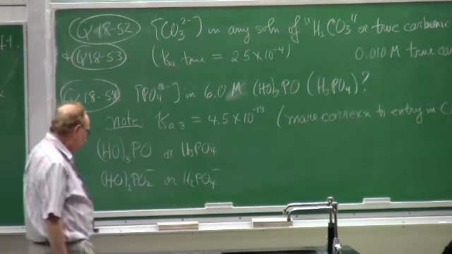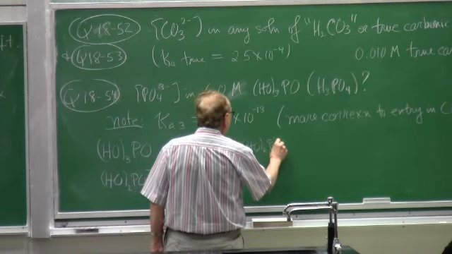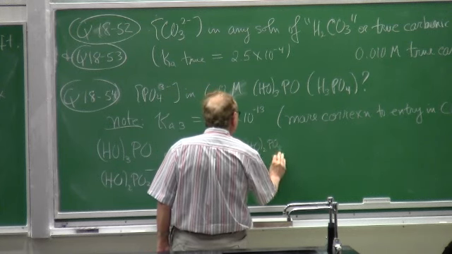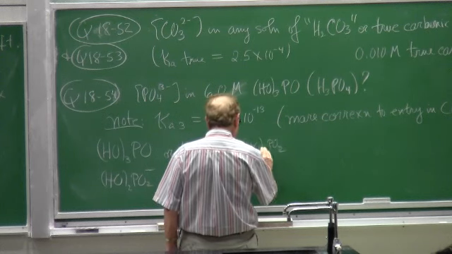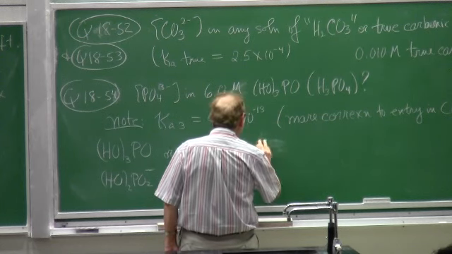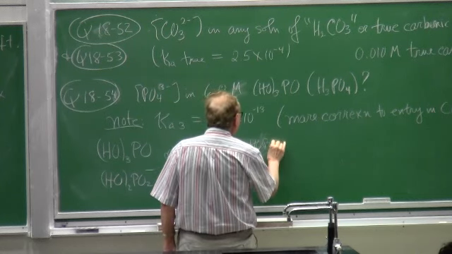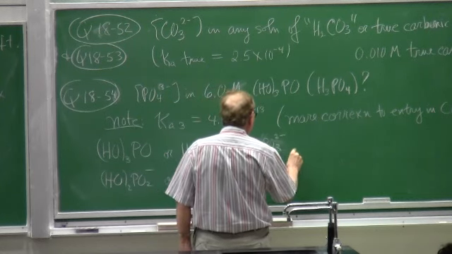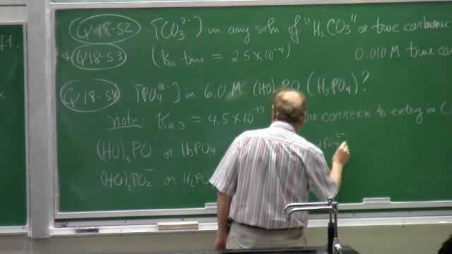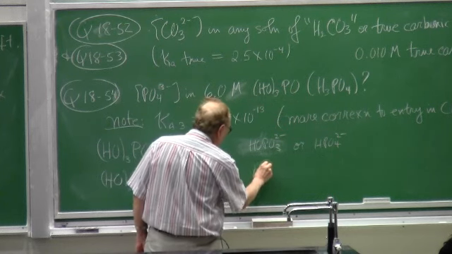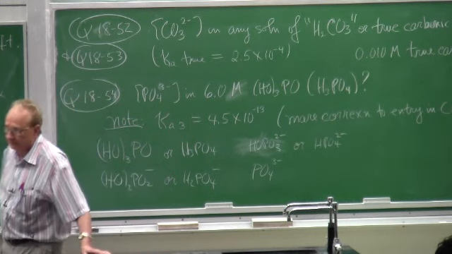After 2 H plus losses, and then after 3 H plus losses, you get the phosphate ion.